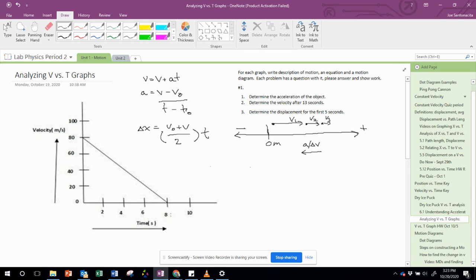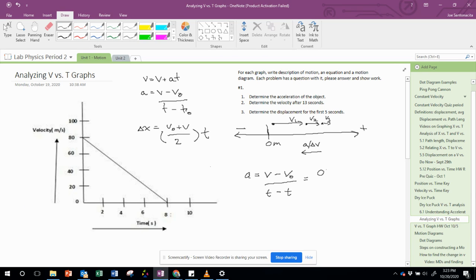To figure out the acceleration, I have my equations that you're going to be given on each assessment. I know my initial velocity and initial time, and I also know my final velocity and final time. I can determine the acceleration by using the change in velocity divided by the change in time.